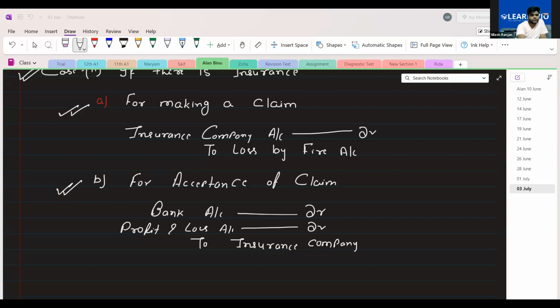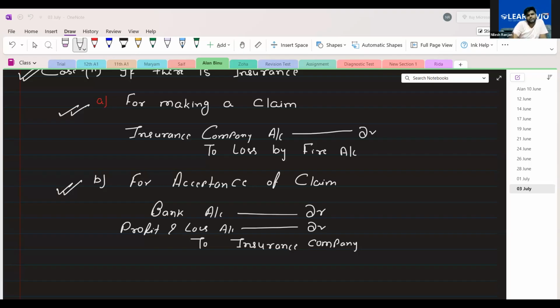So in here you wrote, right, bank account debit, profit and loss account debit, to insurance company. That we can also write as, the insurance company accepted the claim and only paid half amount. And then the journal entry will be bank account debit, profit and loss account debit, to insurance company.